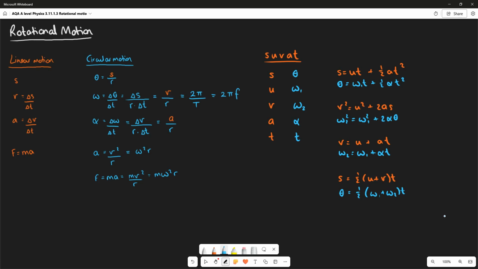And these equations are completely correct. You can use these to solve Suvat-like questions in a circular motion context.